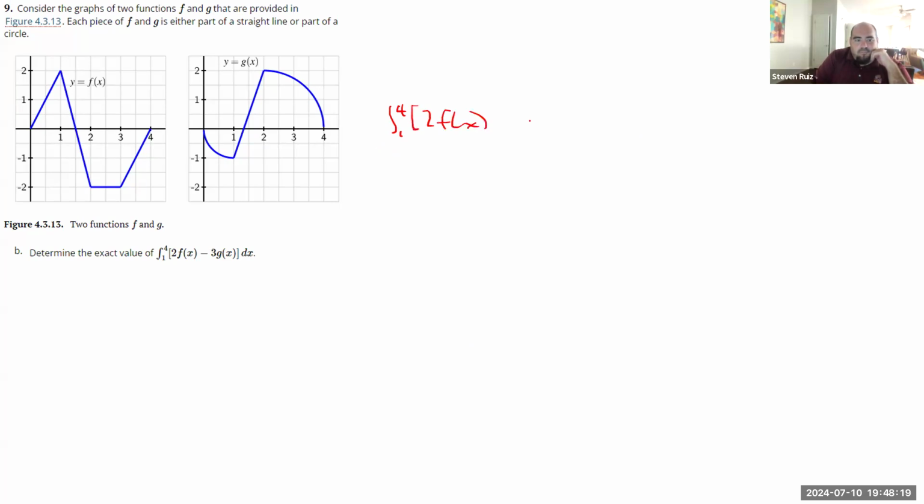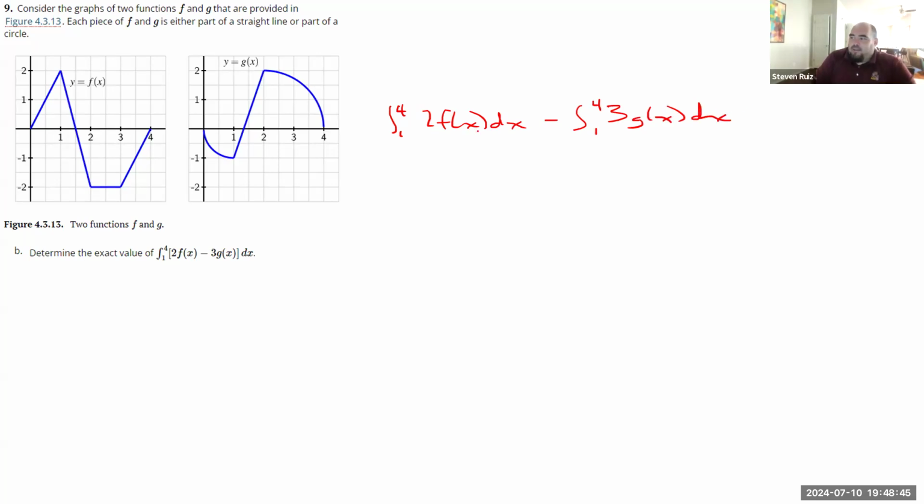The first thing I'm going to do is what we just did in part A: you can break up sums and differences. So I'm going to treat this as the integral from 1 to 4 of 2f of x dx minus the integral from 1 to 4 of 3g of x dx.